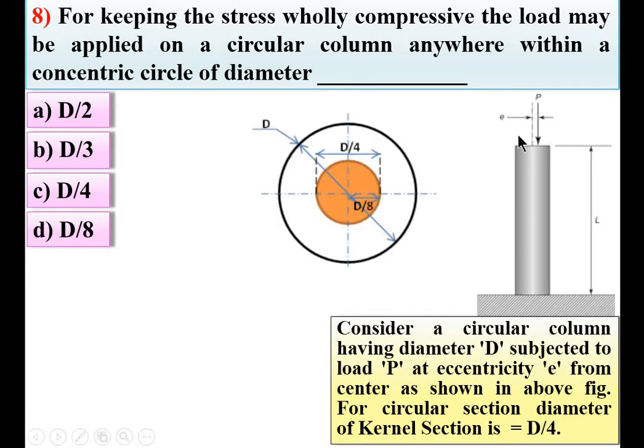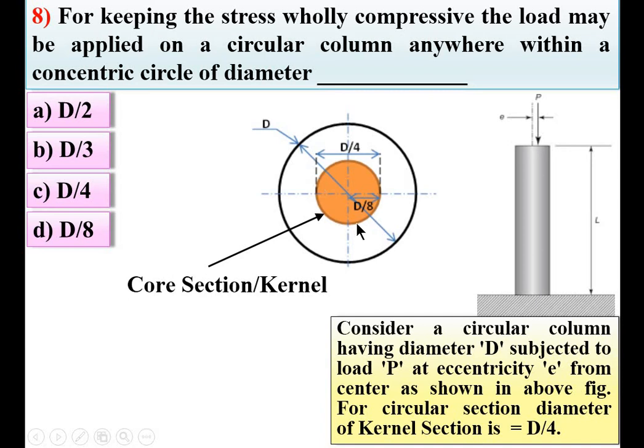So if I look at the top view of this column, then it will be like that. Capital D is the diameter, and this circle is called the core section of the column, or sometimes it is called the kernel section of the column. So in this particular concentric circle, if you apply the compressive load, then the material will be subjected to only compressive stress.